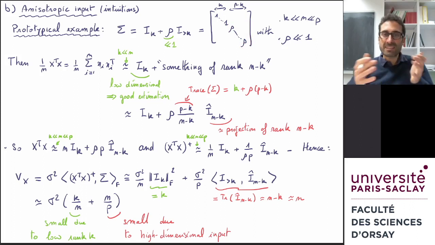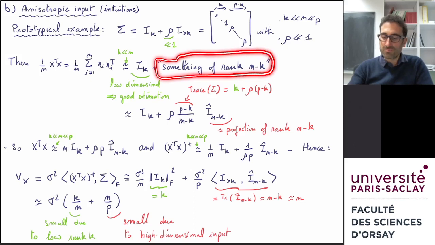So exactly as before, we can expect that all the singular values will be almost the same. So this part here should be equal to something, let's say lambda, times the projection on a space of dimension n minus k, right? And the only question is to understand what this proportional factor is.